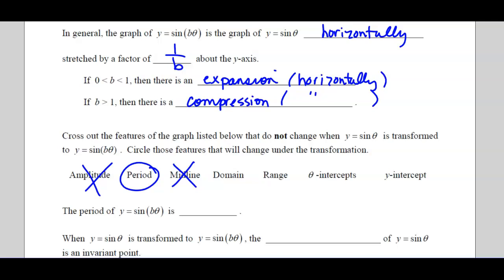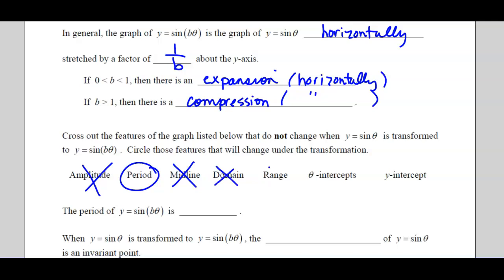Domain is not going to change, but why isn't it going to change in this instance? It's all real numbers. It goes to infinity. If we restricted the domain and then did a horizontal stretch, yeah, it would. But just the nature of the sine graph, it goes on forever horizontally, so the domain will not change.